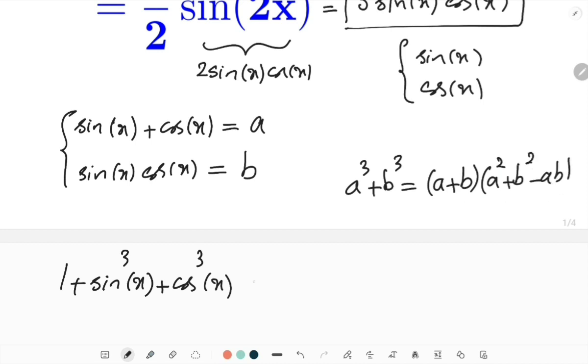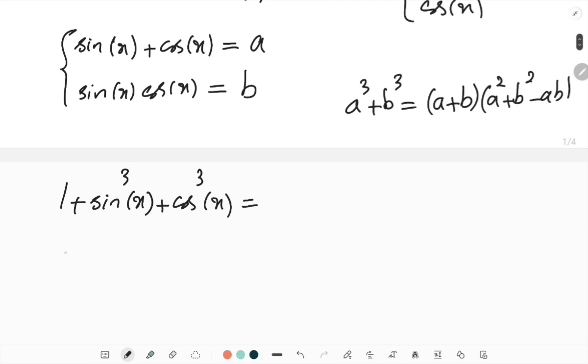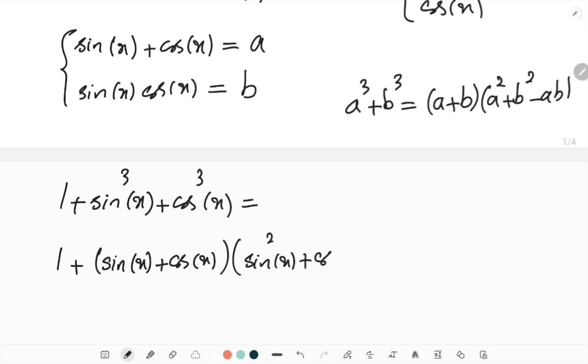So this will be 1 plus sine of x plus cosine of x times sine squared of x plus cosine squared of x minus sine of x times cosine of x.